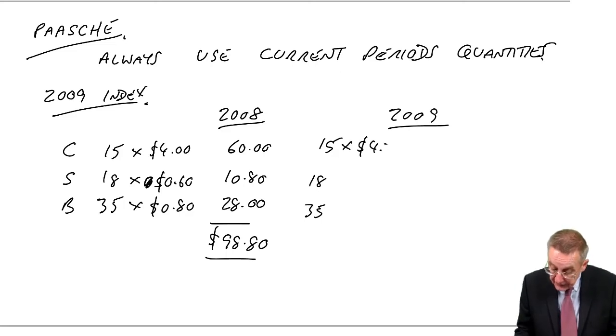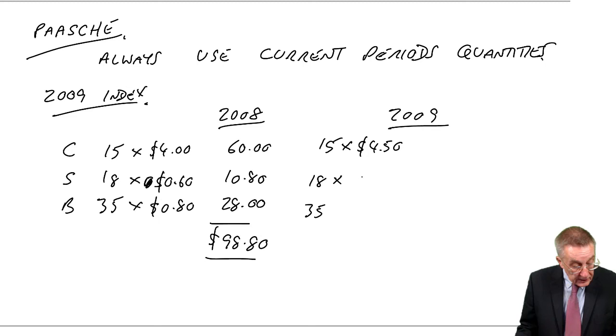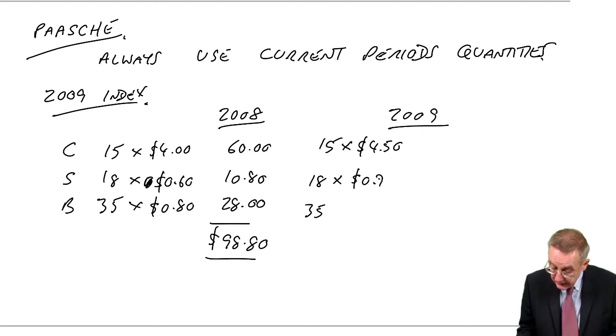Coffee is $4.50. Sugar is 70. Bread is $1.